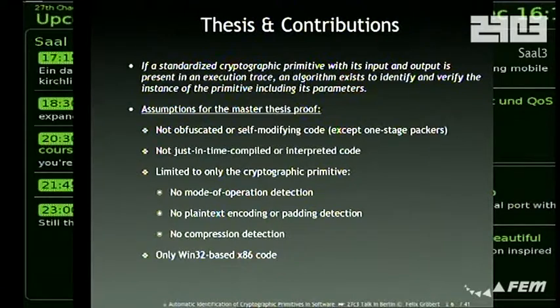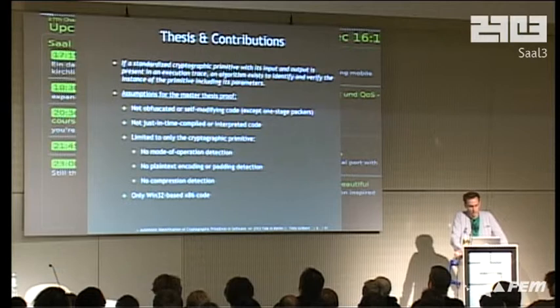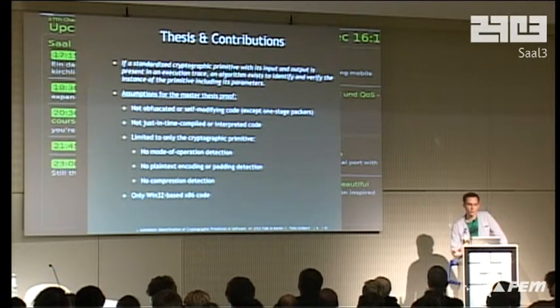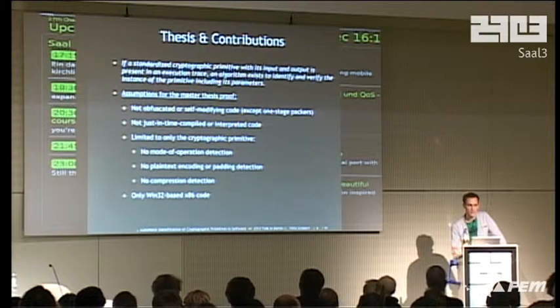In the thesis, I wrote down this thesis: if a standardized cryptographic primitive with its input and output is present in an execution trace, an algorithm exists to identify and verify the instance of the primitive, including its parameters. This is important because you do not only want to know whether it's AES or DES which is used, but also the parameters, for example the plaintext, the ciphertext, the key, because you really are interested in the payload the malware is sending.